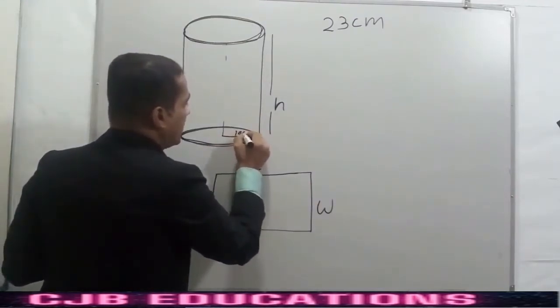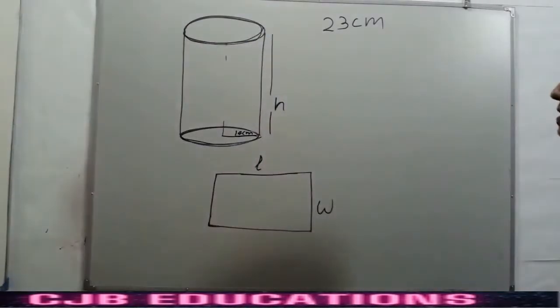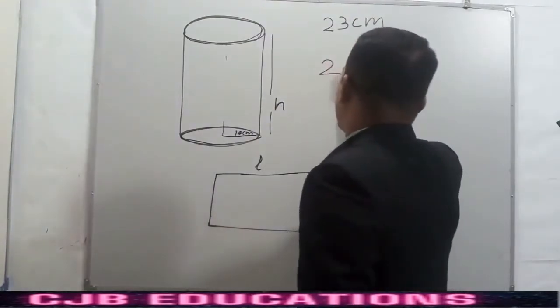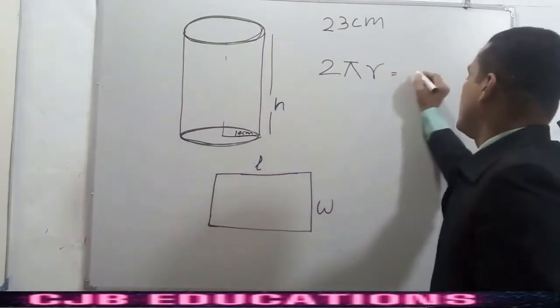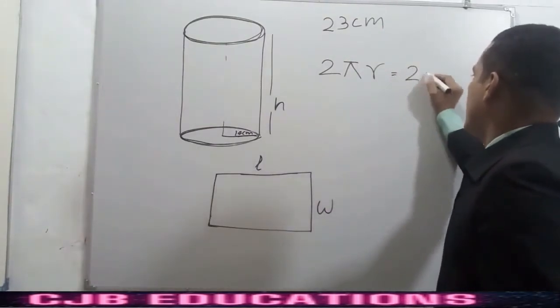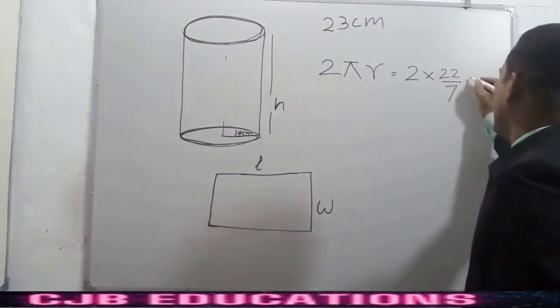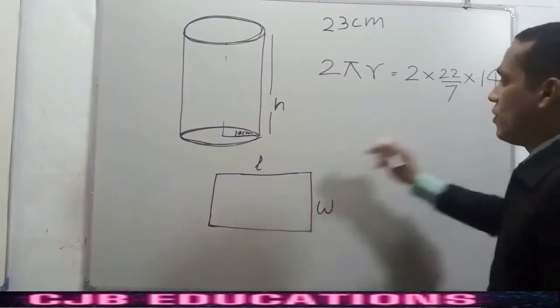Radius is 14 centimeters. Then how do we find the circumference of a circle? We can get this formula, 2 pi r. Then we can write 2 times 22/7, and r is 14.